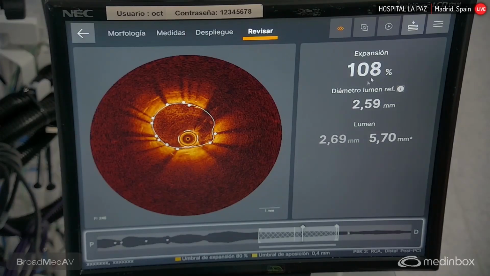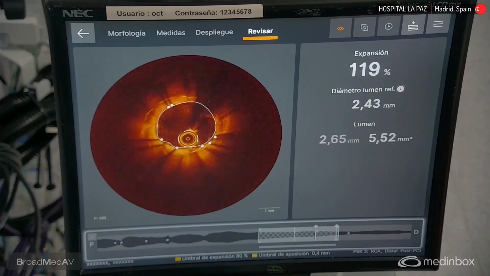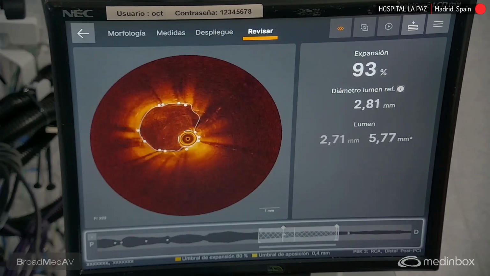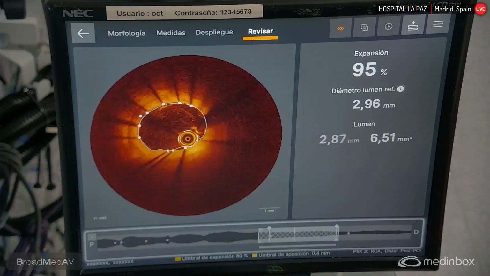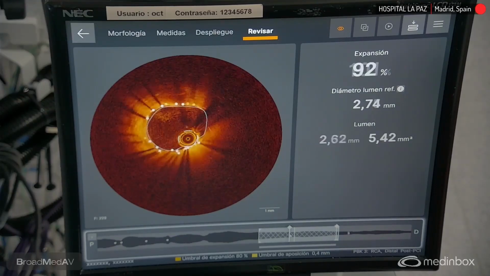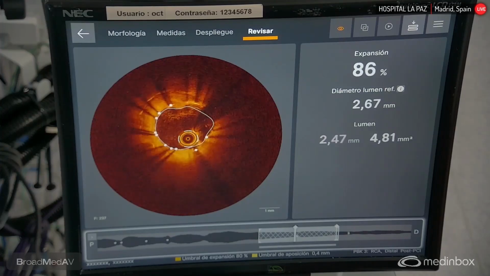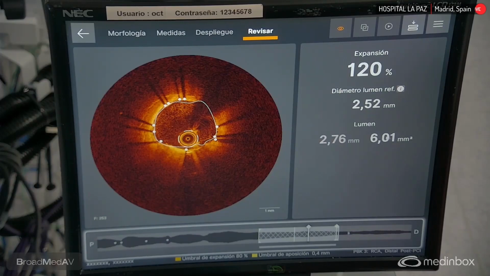You can see the software analyzes the expansion of the stent is very good in all the length of the stent, between 10%.